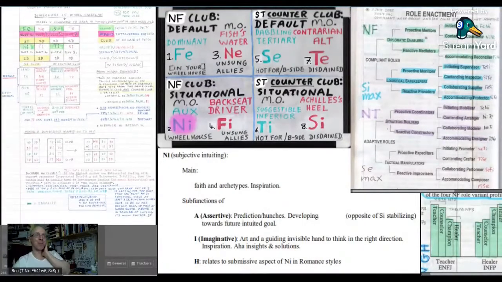ENFJ is in charge, but in their personal relationships, they can be submissive to somebody who has the right stuff and who's worth following. Others, they're not going to be submissive to, but it's just a part of them that is submissive. Because NFJs can have objectively bad taste in romantic partners.